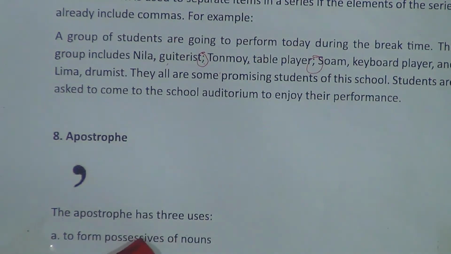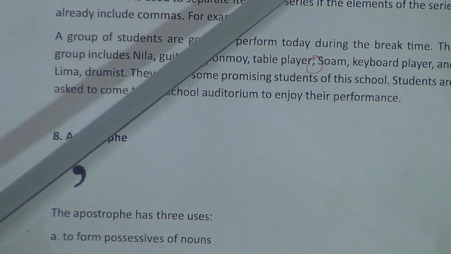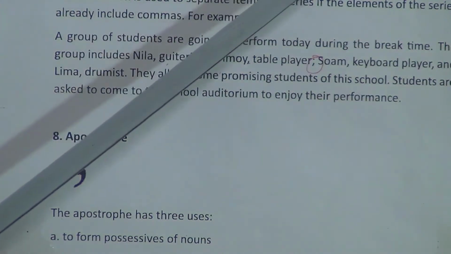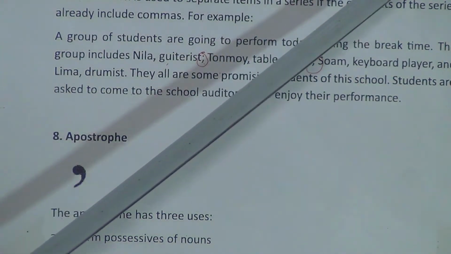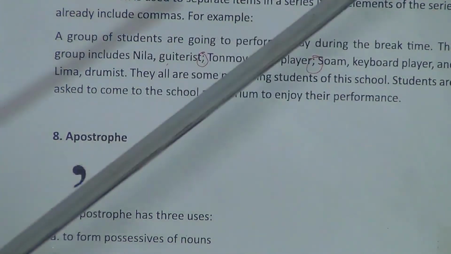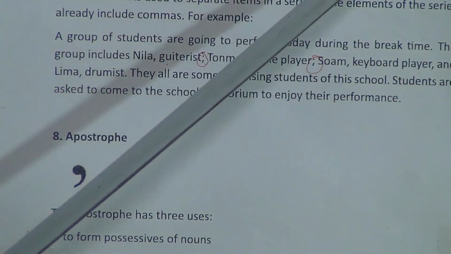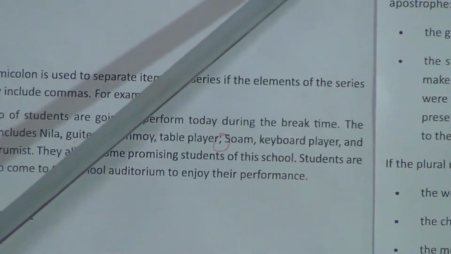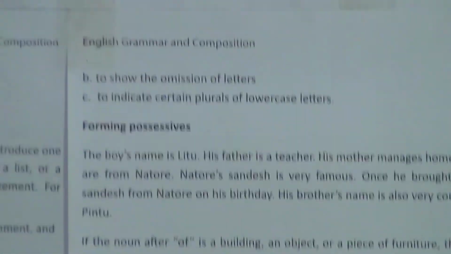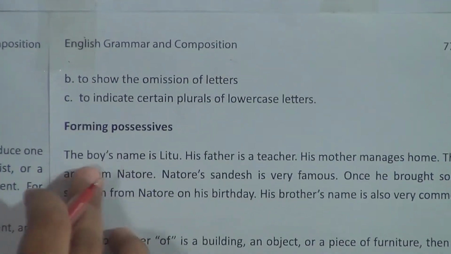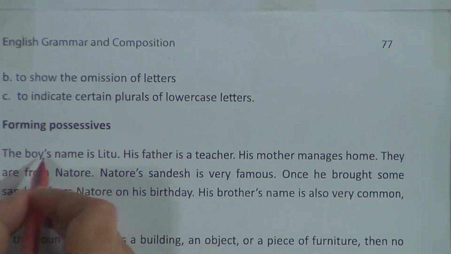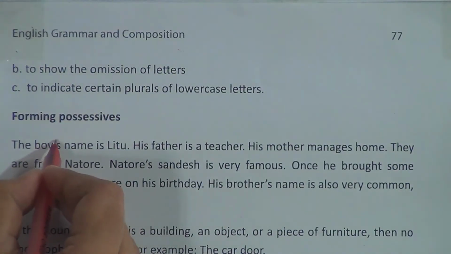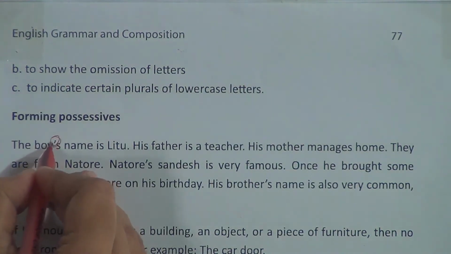To form possessives of nouns, to show the omission of letters, and to indicate certain plurals of lowercase letters. Now look at forming possessives, and how to form the possessives. The boy's name is Litu. Now look, the name Litu belongs to the boy, so we put an apostrophe here. This is called apostrophe.